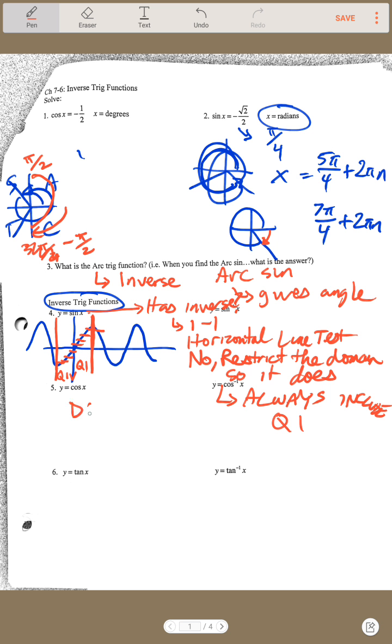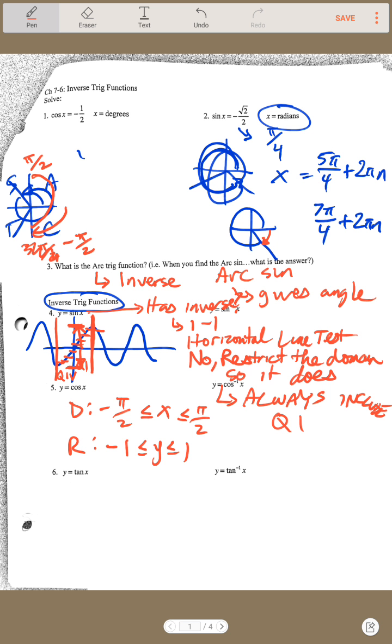So the domain that we're going to have is negative pi over 2 is less than or equal to x, which is less than or equal to pi over 2. And the range, well, the range stays the same. We're just kept within this area here, up here, the maximum of 1, and also the range down here, which is a minimum of negative 1. So we'll keep it within negative 1 to 1.